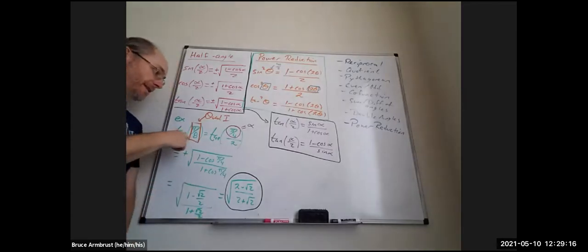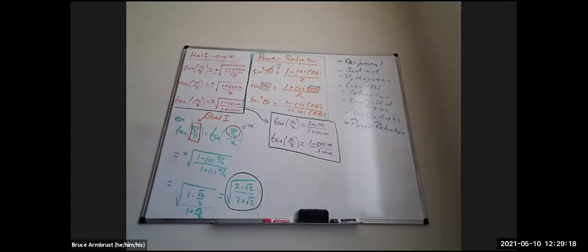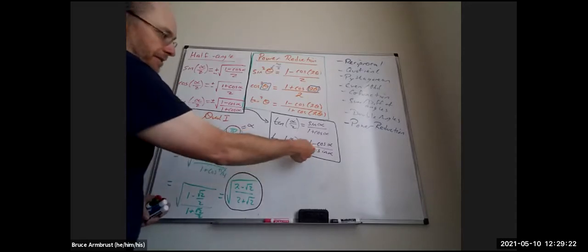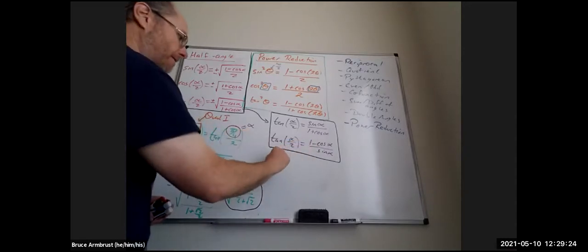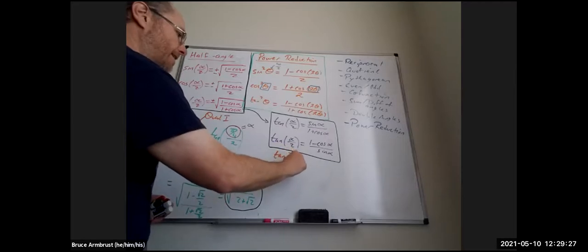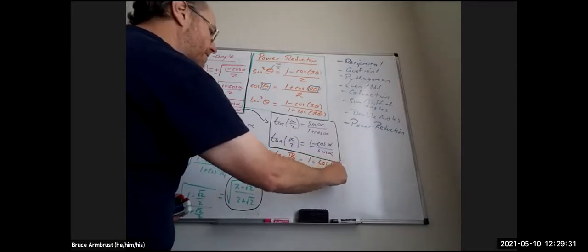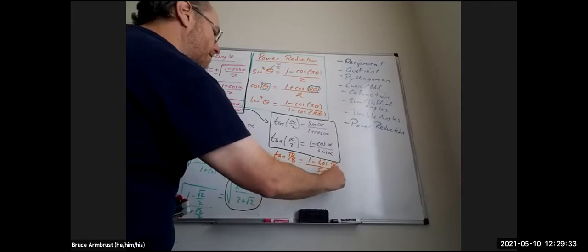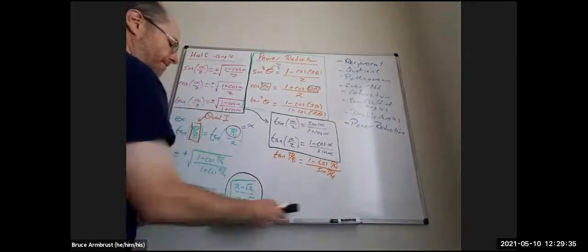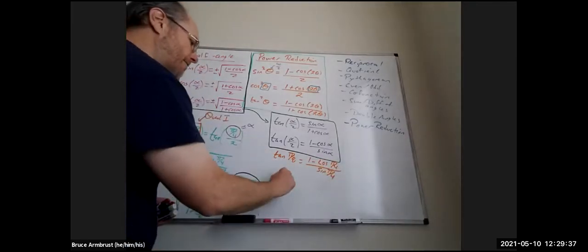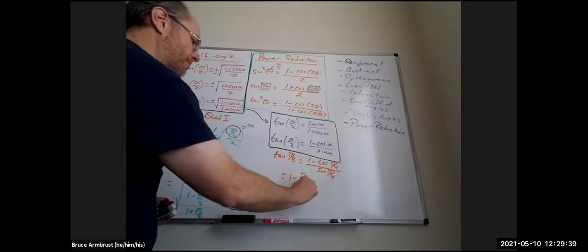So remember this example where we did the tangent of pi over 8? Alternatively, I could have gone with, let me just use this bottom one since it's closer, the tangent of pi over 8 is the same as 1 minus the cosine of pi over 4 divided by the sine of pi over 4. And I know both of those are root 2 over 2.